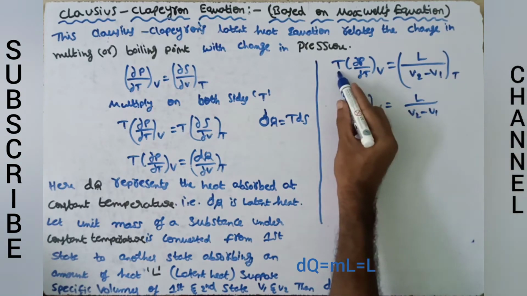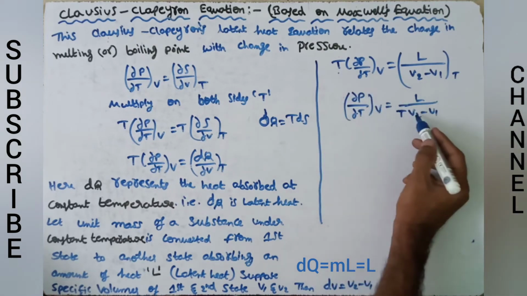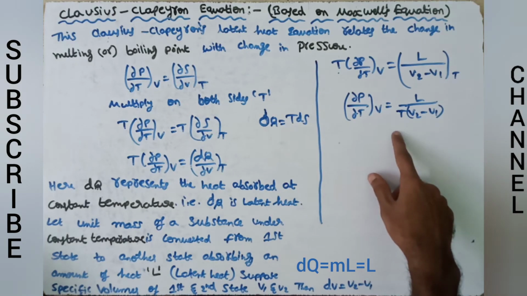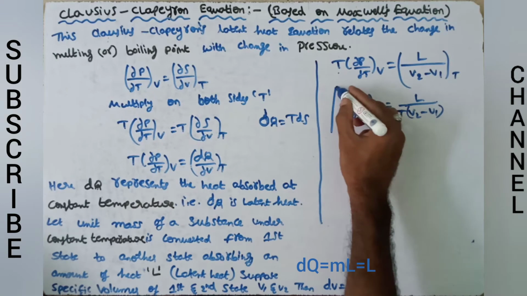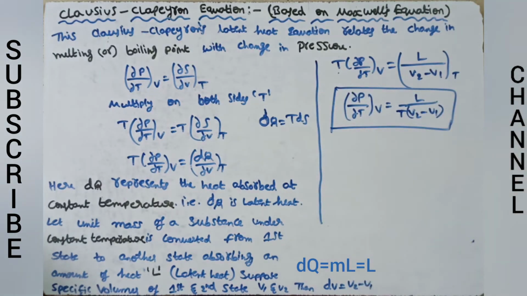We send this T to the other side; it's multiplying, so we divide. This is the Clausius-Clapeyron latent heat equation, which we have derived from Maxwell's second thermodynamical relation.